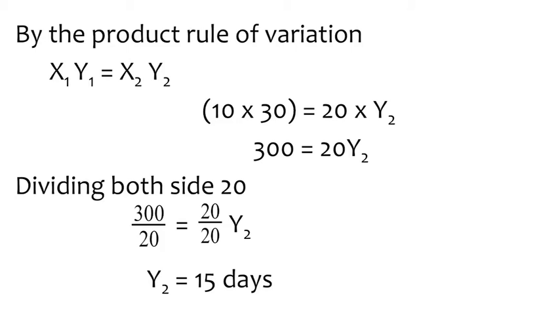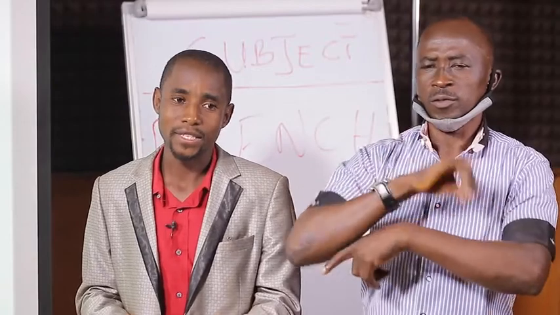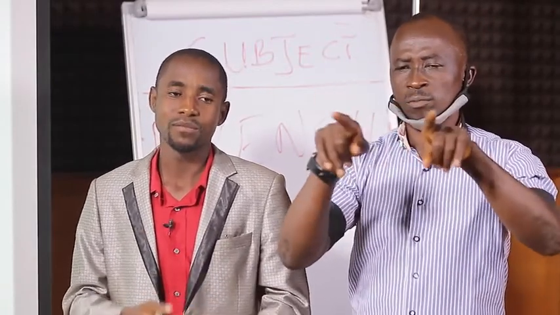From the right-hand side, 20 at the denominator will cancel 20 at the numerator, and we'll be left with y2 only. 300 divided by 20 is 15. So therefore, the value of y2 is 15. That is, 15 days are required to build the same bridge.